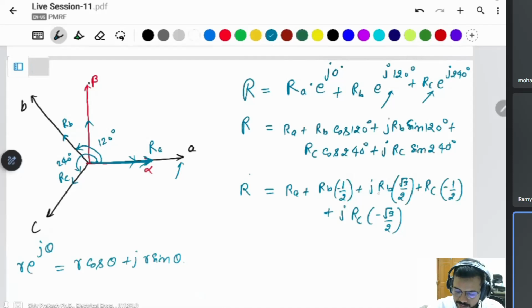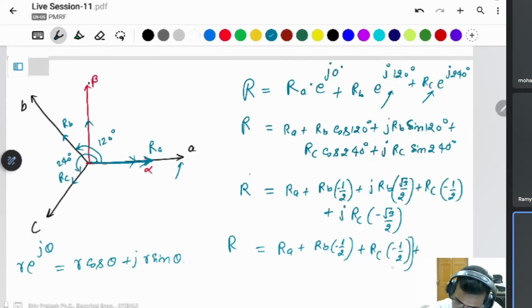These are two imaginary parts, and three are real parts. Then combine the imaginary parts and the real parts separately. RA, this is the real part, minus RB 1 by 2, plus RC minus 1 by 2.